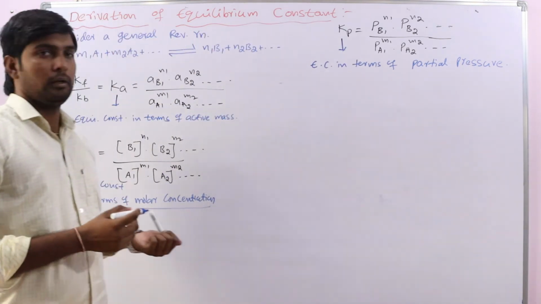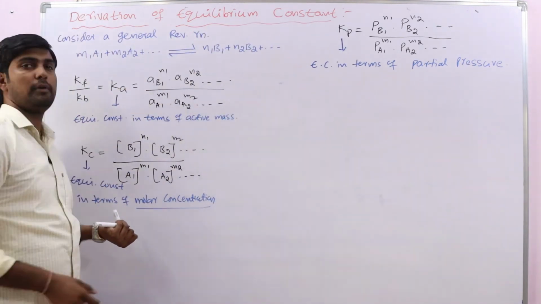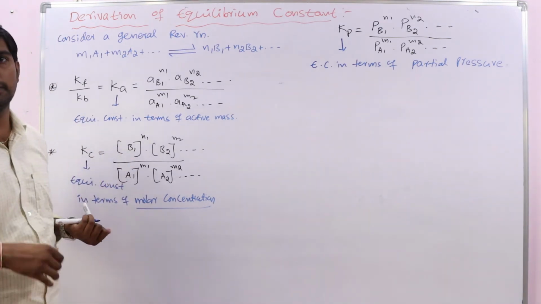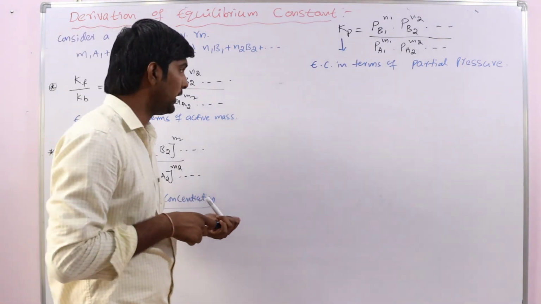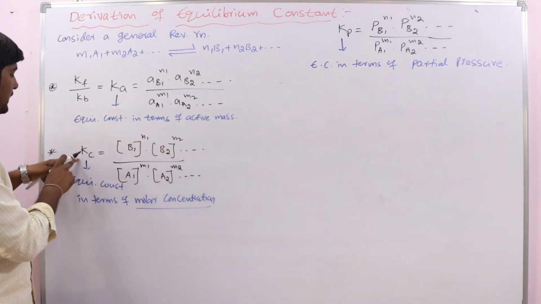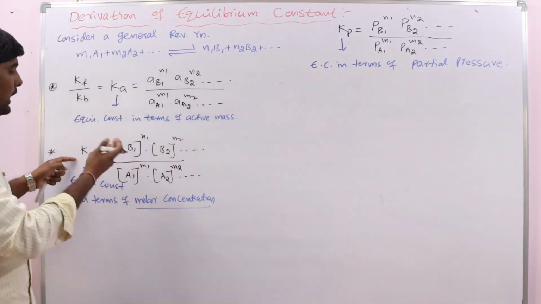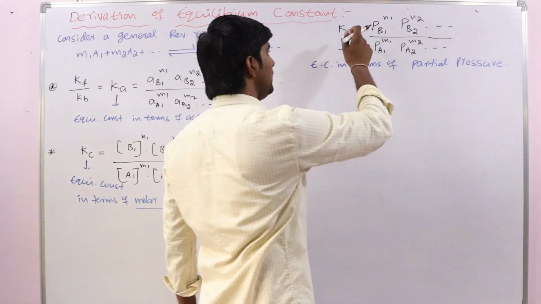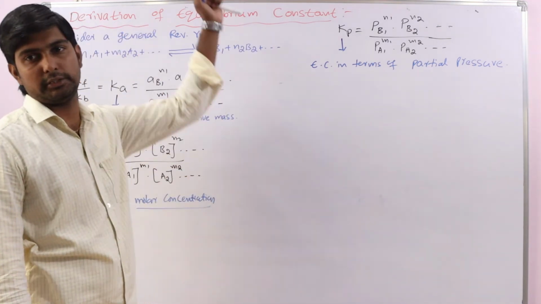Clear? Simple. In the place of active mass we substitute molar concentration or partial pressure, depending upon the information provided in the problem. Kc is applicable for both gas and liquid reactions, but Kp is only applicable for gaseous reactions.